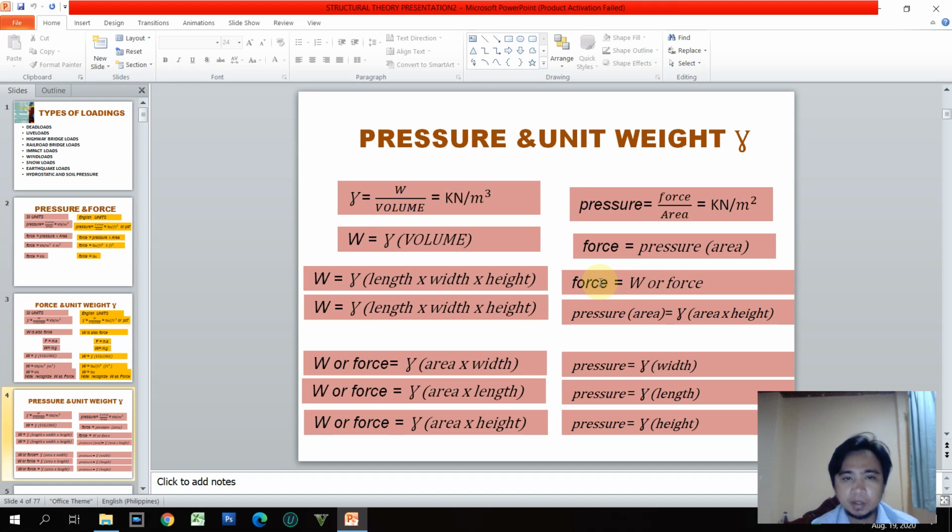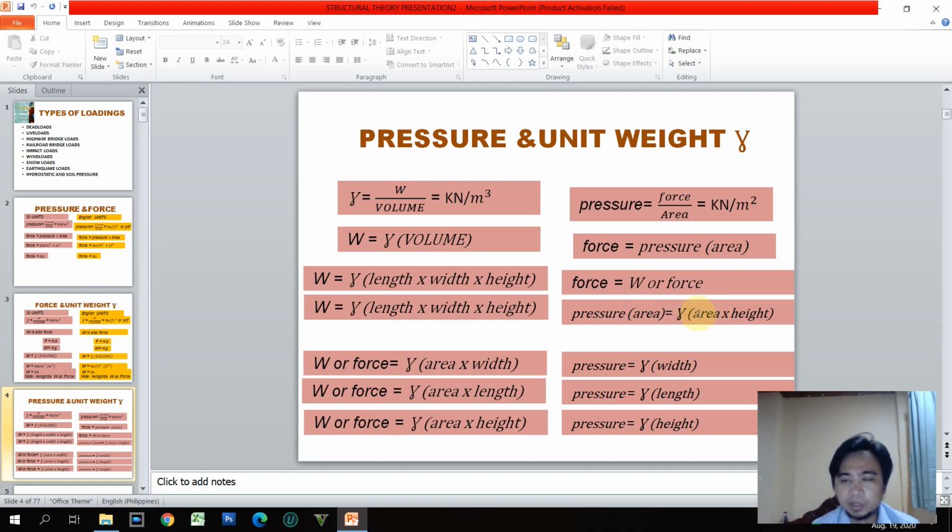So meaning, we'll just have to equate what we have derived from the gamma and what we have derived from pressure, because force is equivalent to force. So this is pressure times area from the pressure formula, and gamma times volume from the unit weight formula.